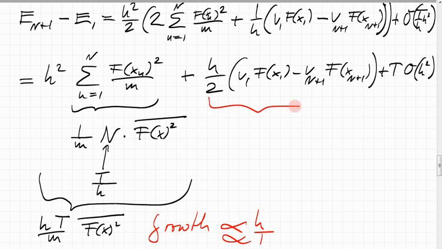The second term is proportional to the step size, but there is nothing proportional to the total time in it. This does not grow as the time goes to infinity. Actually, it does not grow if the velocity always stays bounded and if the force always stays bounded, which should be the case in most systems. So this stays bounded.